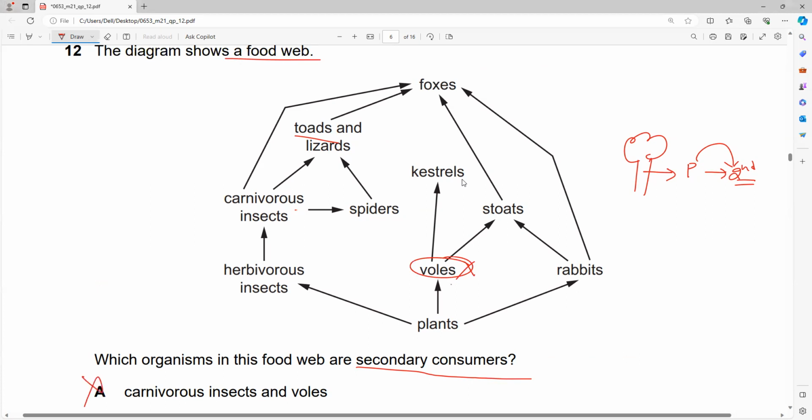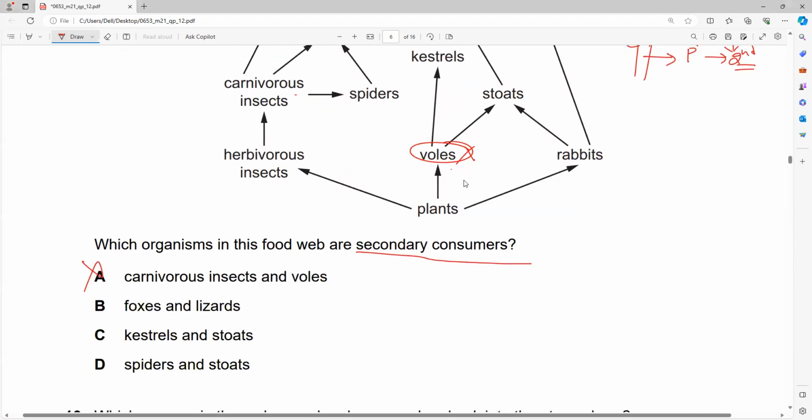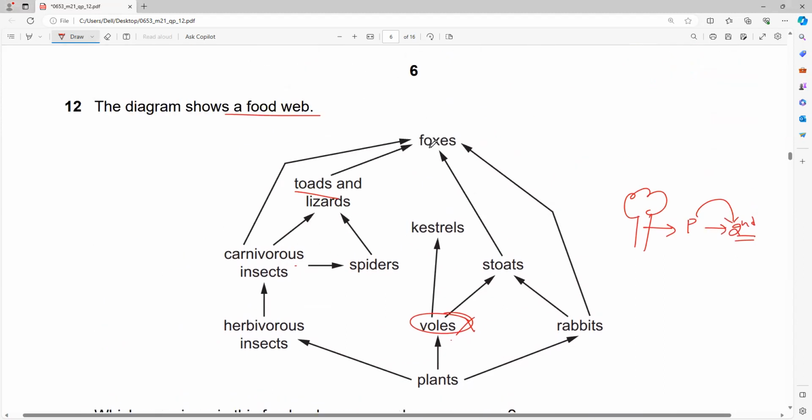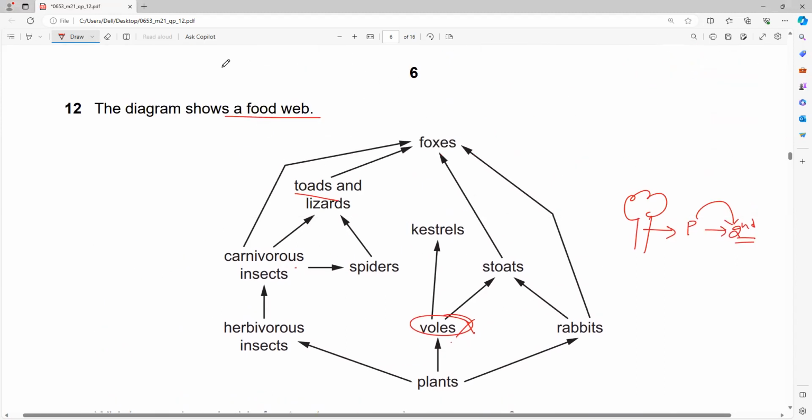So option A is gone. Second option, foxes and lizards. Lizards are the topmost carnivores, but foxes, of course, are secondary consumers in this food chain. Lizards are third level: first level, second level, third level. So they are not secondary, they are tertiary. So the second option is gone.